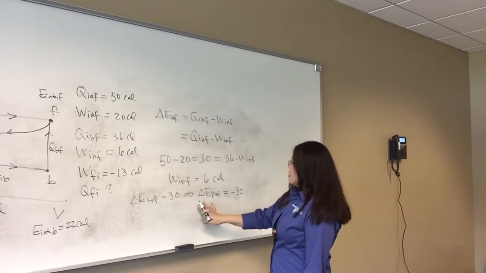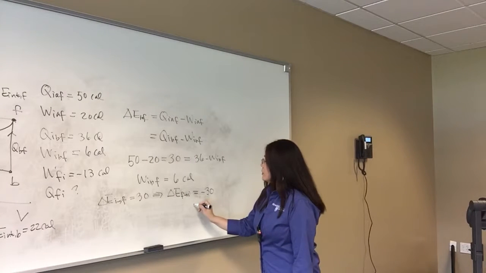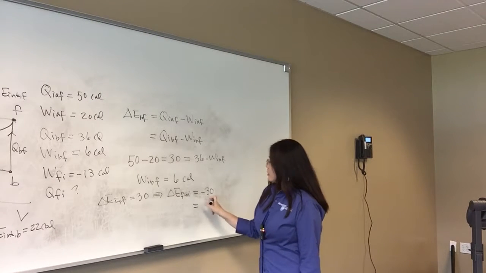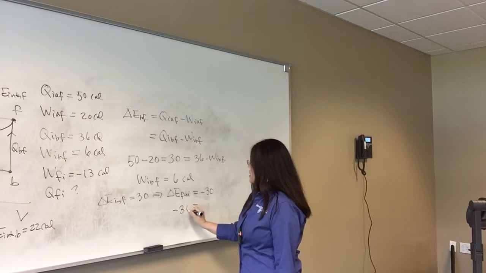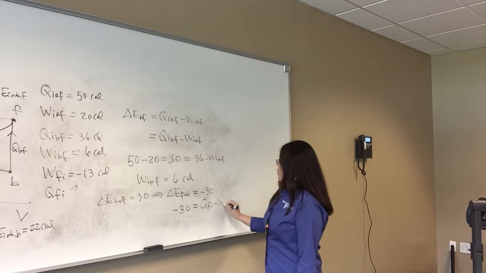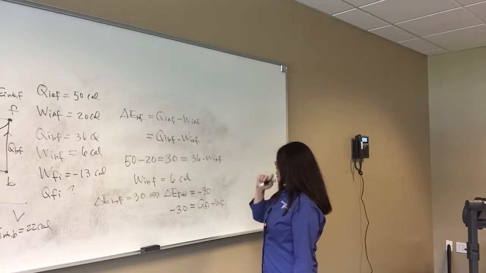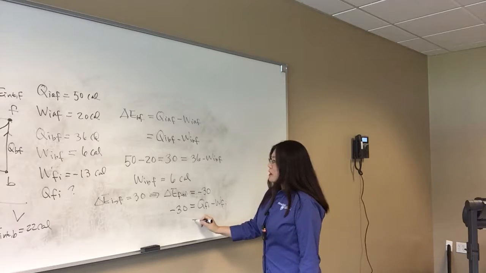So from F to I, that's negative 30. Again, we're going to use that value. I'm just going to write it down here. That has to be equal to QFI minus WFI, because, again, that is the application of the first law of thermodynamics.